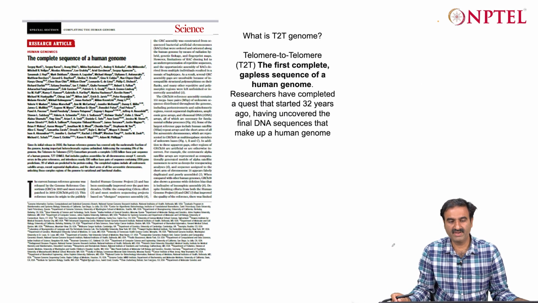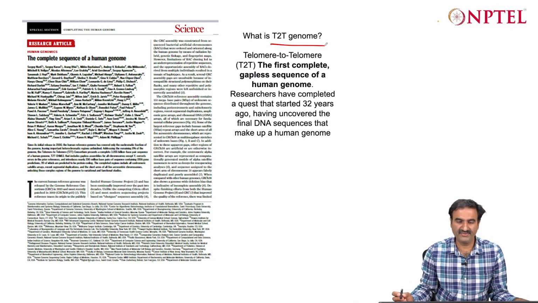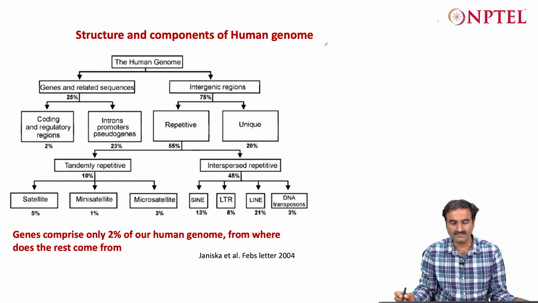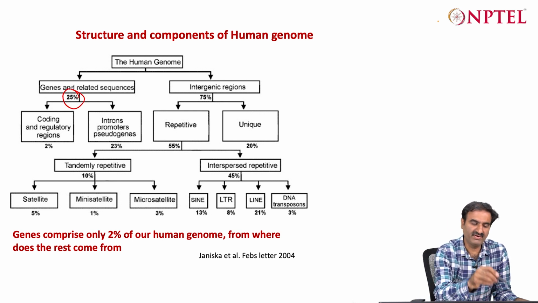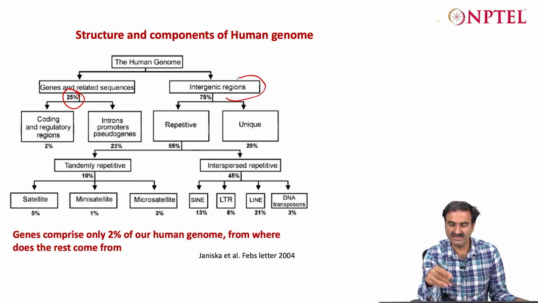This is the paper that came for the T2T genome, the telomere to telomere genome of the human, all 23 pairs of chromosomes. Basically, in the human genome, only 25 to 27% corresponds to genes, including the intronic regions, and the other part is intergenic regions.